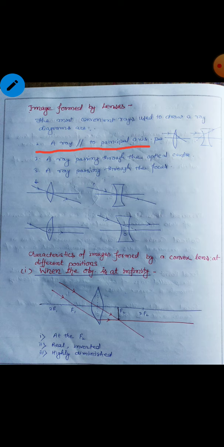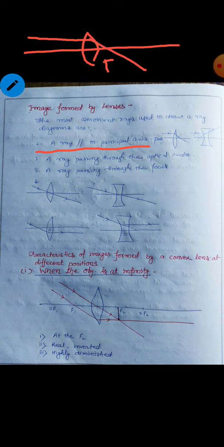The ray which is parallel to the principal axis, after passing through the lens, passes through the focus. This is the focus here. So this is a very important ray we should know.